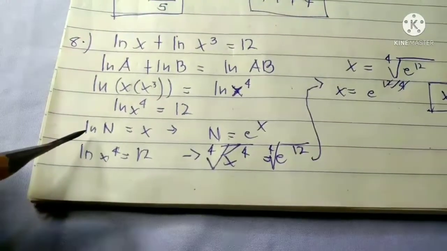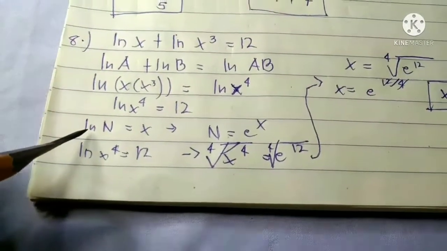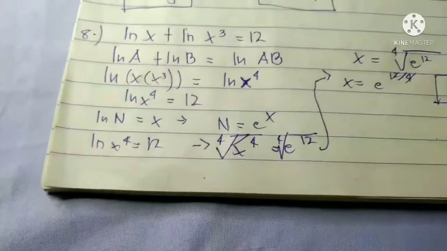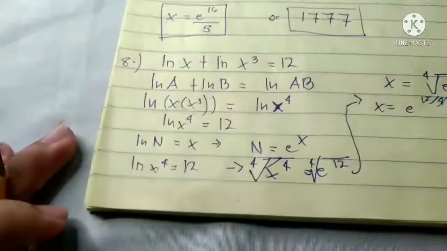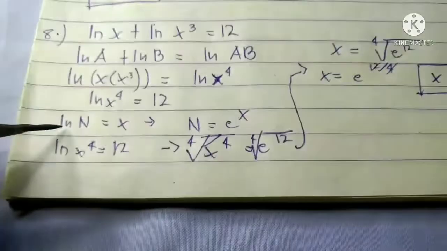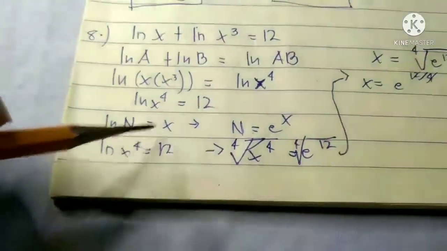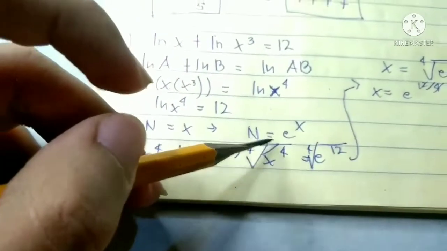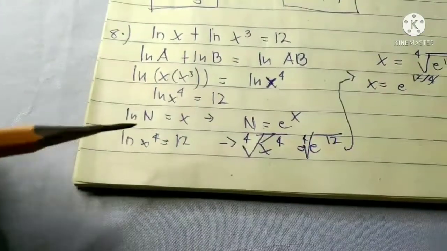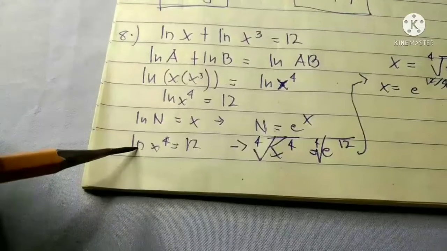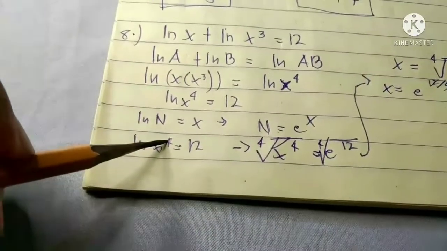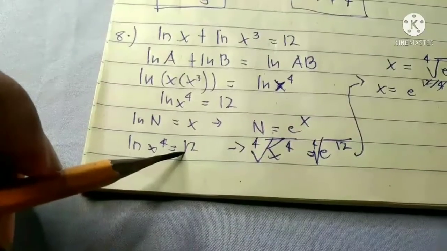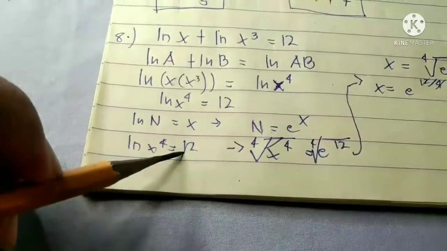So we can now use this equation to make it in exponential form. So we have ln of n equals x, and we will get n is equal to e raised to x. So our n is our x raised to 4, and our 12 is our x.